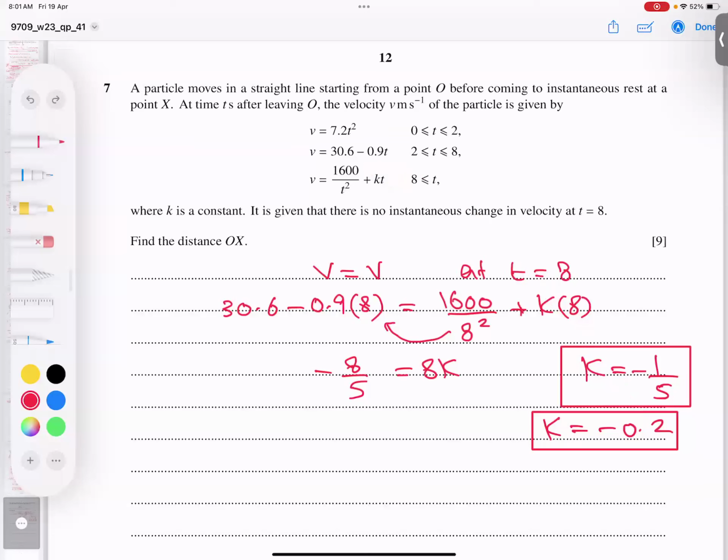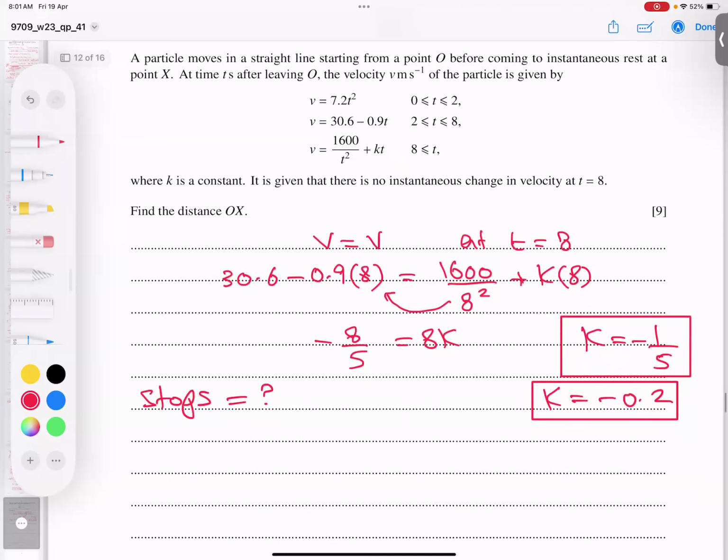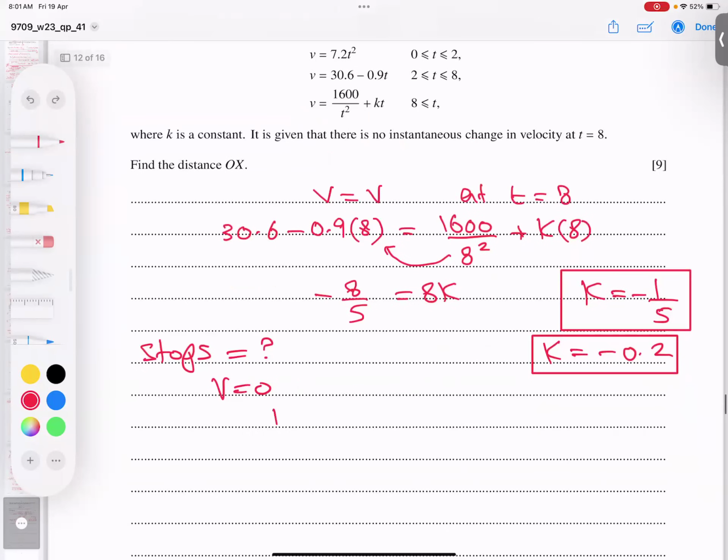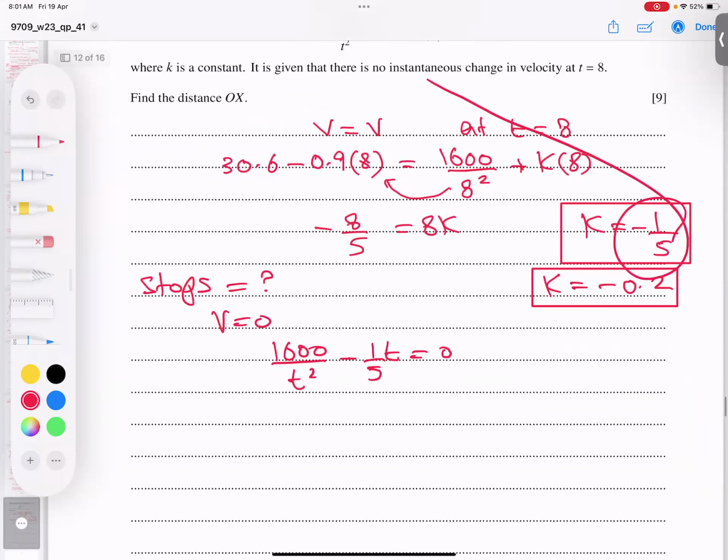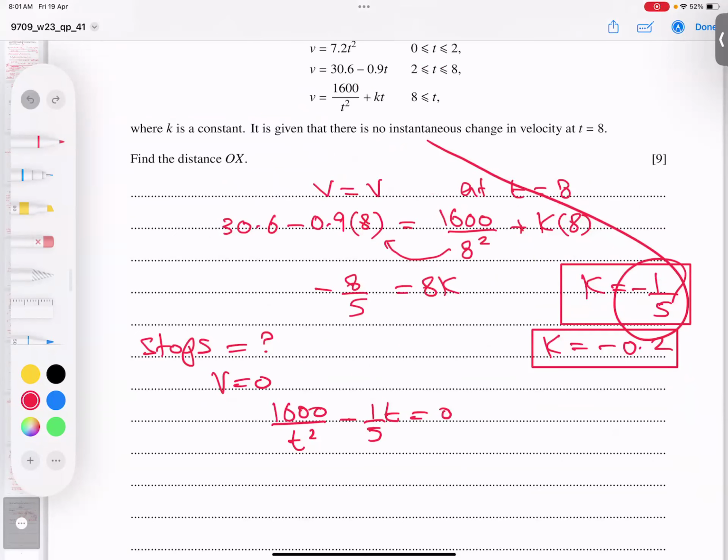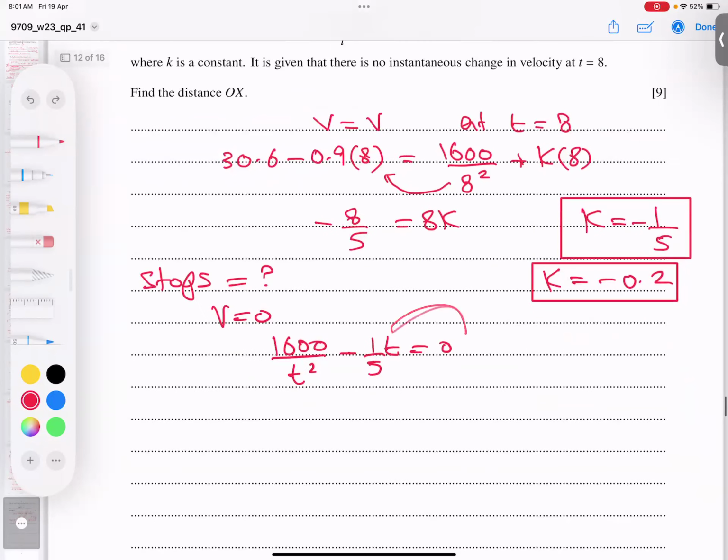And now I want to find out at what time it stops. For that reason, I plug in velocity 0, the last velocity. So 1600 over t to the power 2 minus 1 over 5t is equal to 0. Now this will go there.